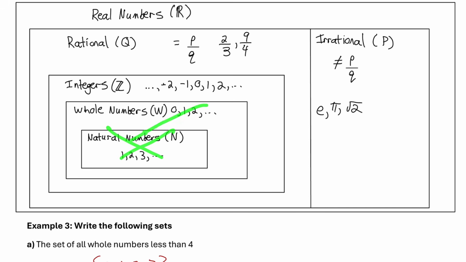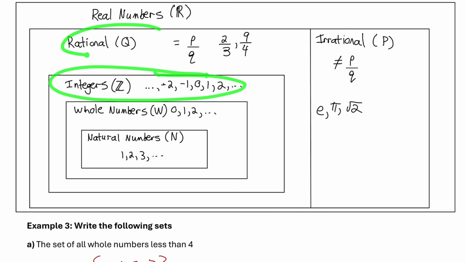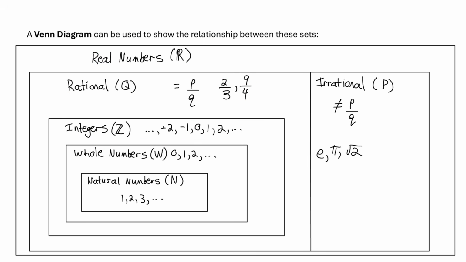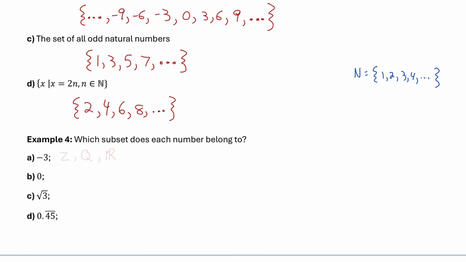It's not a whole number, but negative 3 is an integer, and all integers are rational numbers, and all rational numbers are real numbers. So negative 3 belongs to the set of integers, and the set of rational numbers, and the set of real numbers. If we were able to list out all of the values in those 3 sets, you would find negative 3 in all 3 of those sets. So we'll write those down.